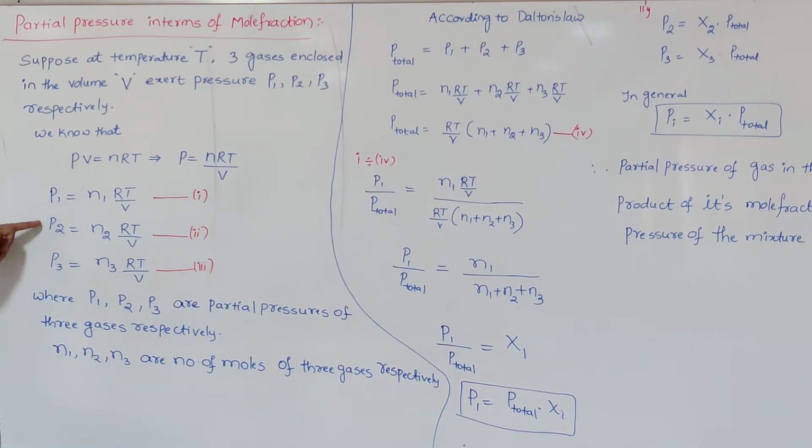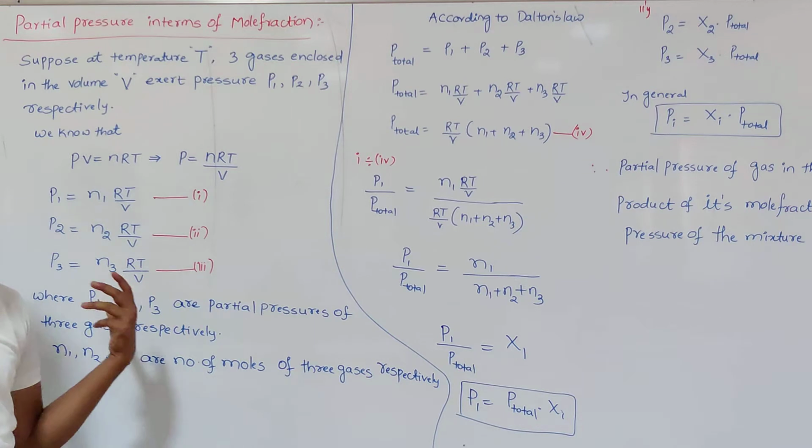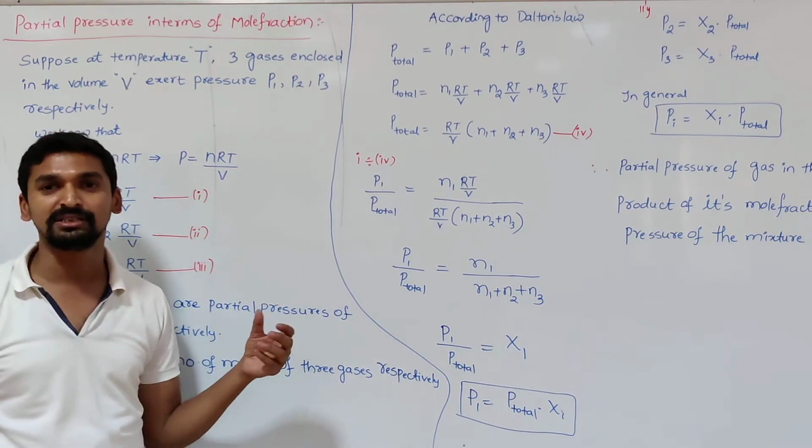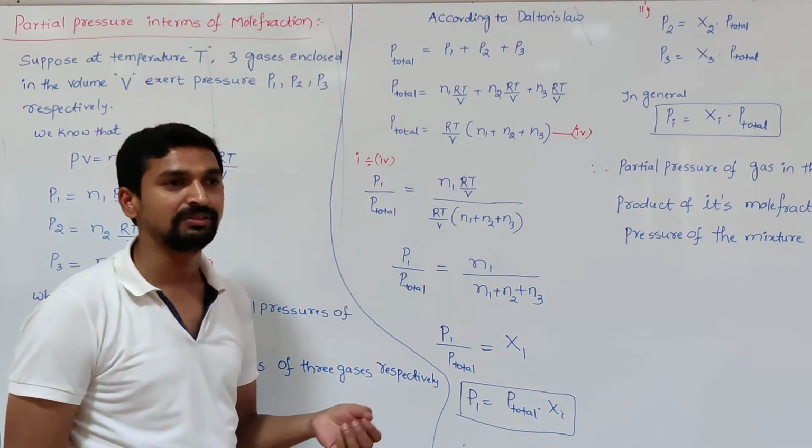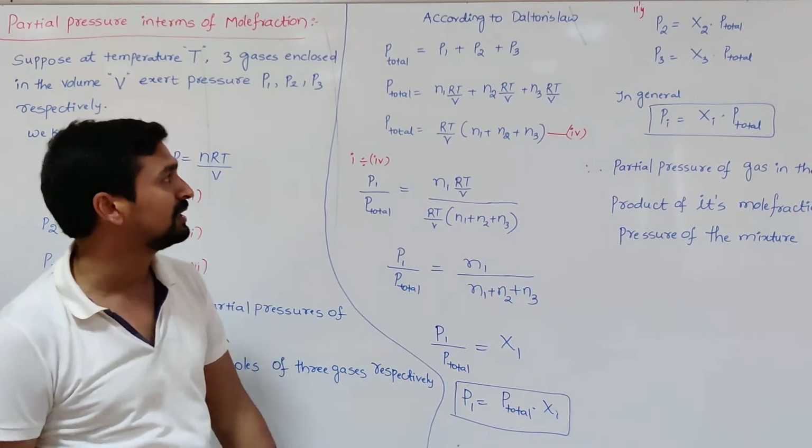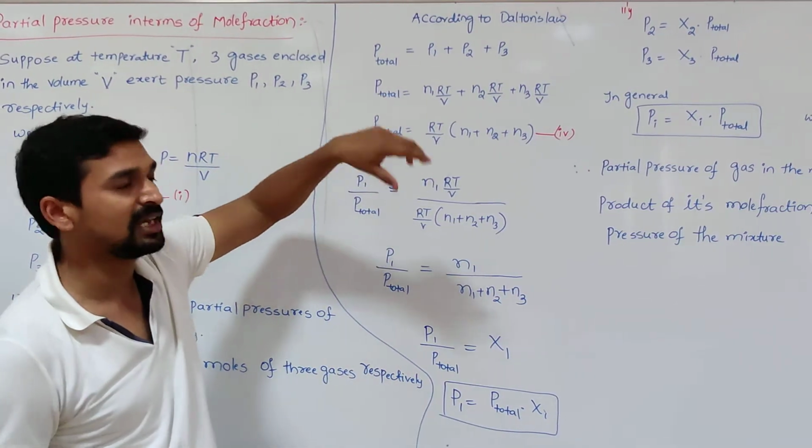Here P1, P2, P3 are the pressures of the three gases, and N1, N2, N3 are the numbers of moles of each gas. We know that Dalton's law states that the total pressure exerted by the gases is equal to the sum of the individual pressures of the gases at constant temperature when they are placed in the same volume.